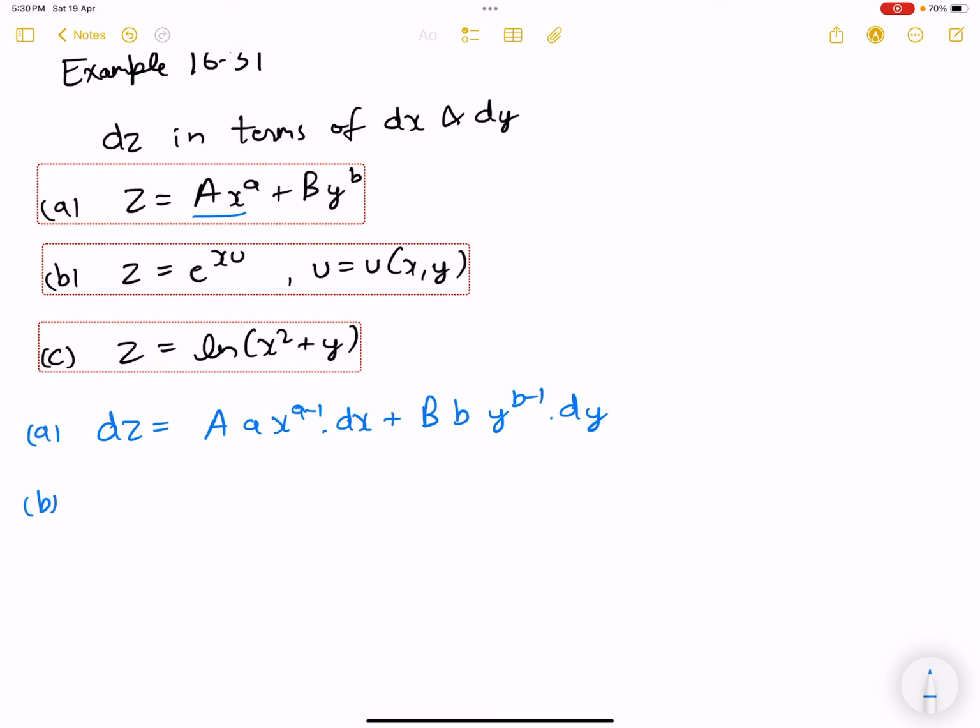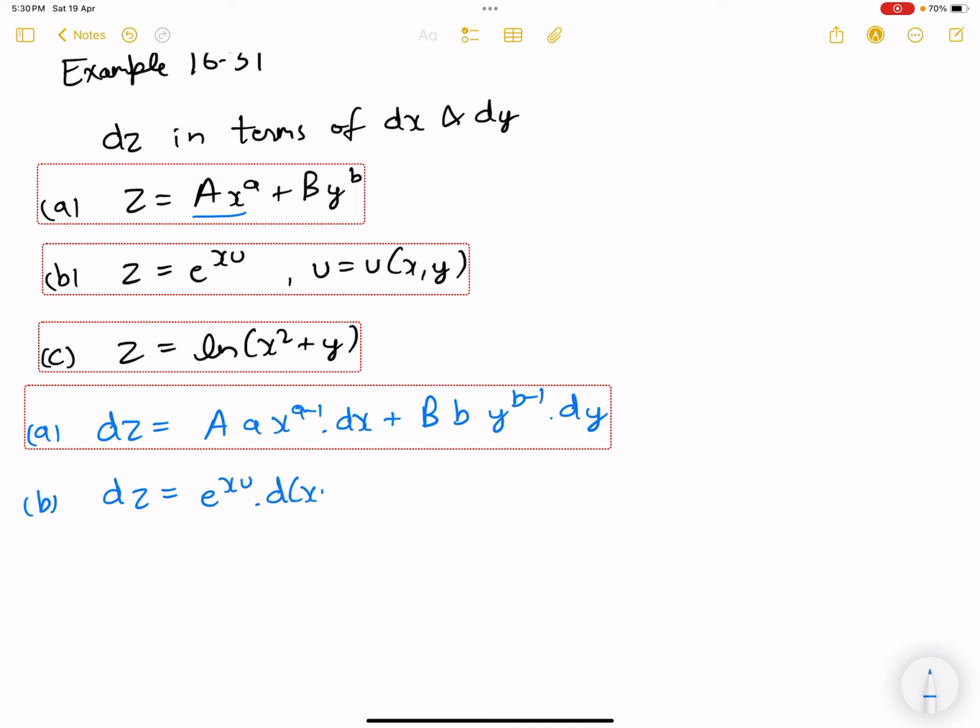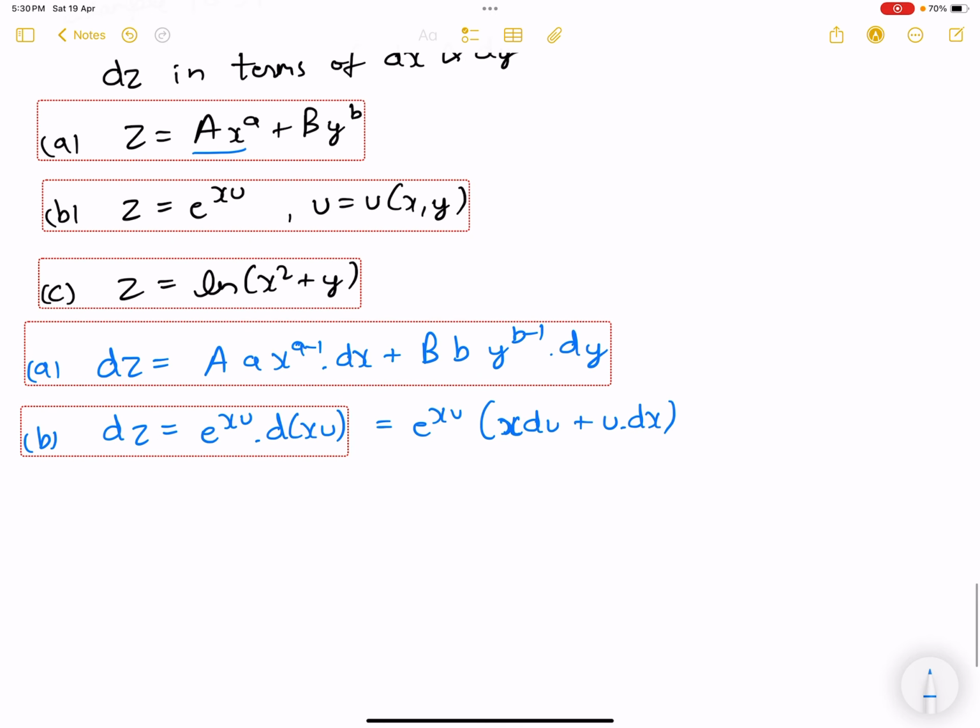Now moving to the b part. Now what we have is del z equals e to the xu into derivative of xu. Derivative of xu is x times derivative of u plus u times derivative of x, and this can be further written as e to the xu times x times du plus u dx.